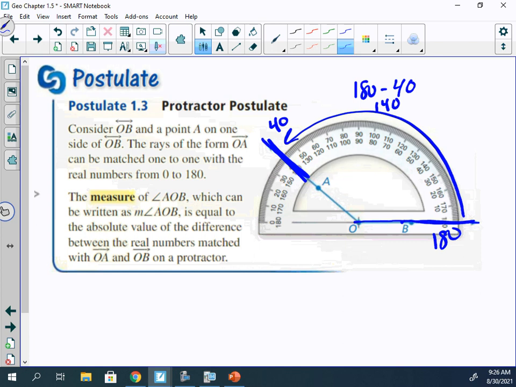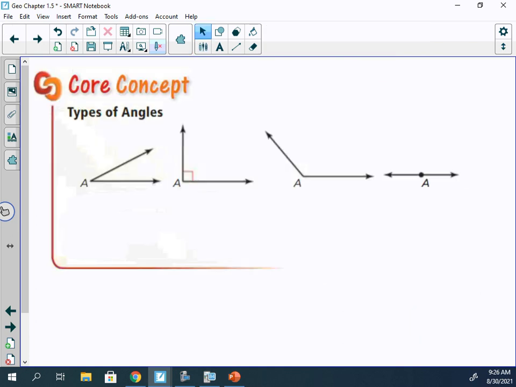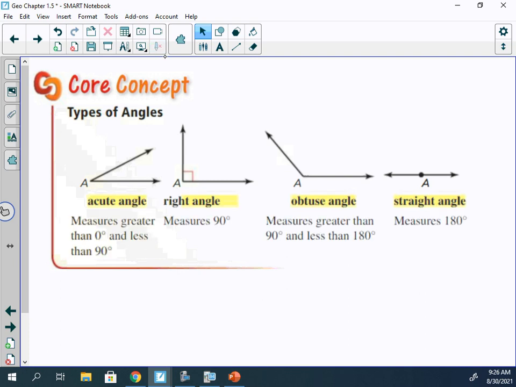So it's just taking where they're at and subtracting the two. Or we can count. So I don't put a big emphasis on that definition because it's really where they are, subtracting, or we can count.